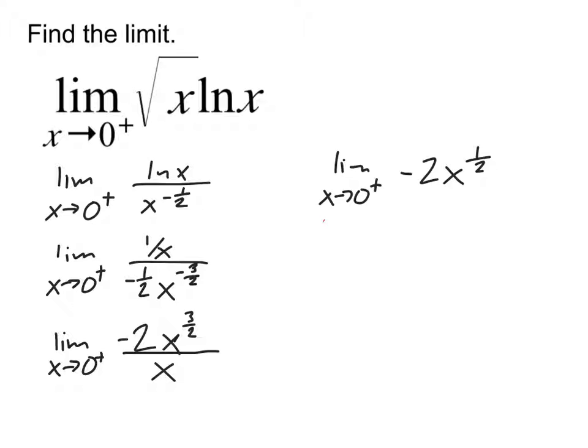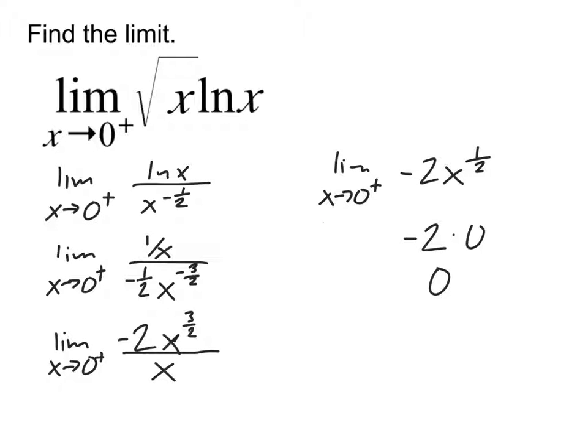So basically it's just negative 2 root x. And then we can go ahead and plug in the 0 there and see it's approaching from the right. What is it approaching? Well, that'd be negative 2, and remember that x to the 1/2 is square root of x. Square root is approaching 0 from the right-hand side, so it's 2 times 0, which is 0.